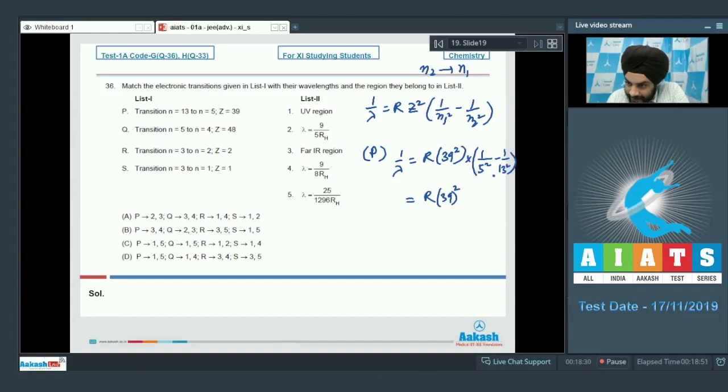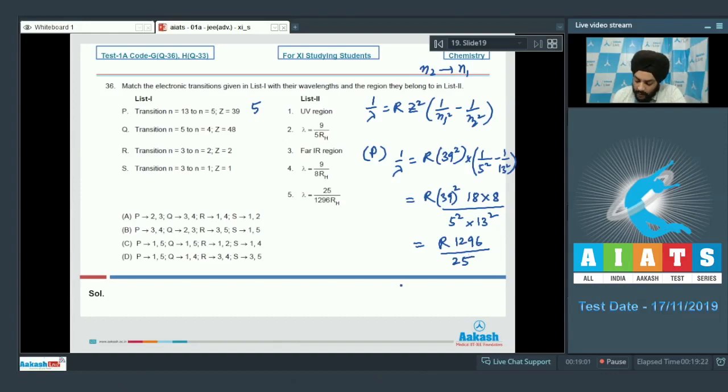So we have 18 and 8. So 18 into 8 upon 5 square 13 square. Okay. So this on simplification will give us a value equal to R into 1296 by 25. So if we talk about the lambda value, students, the lambda value will be equal to the one given in the fifth option. So 5 has to be matched with P.